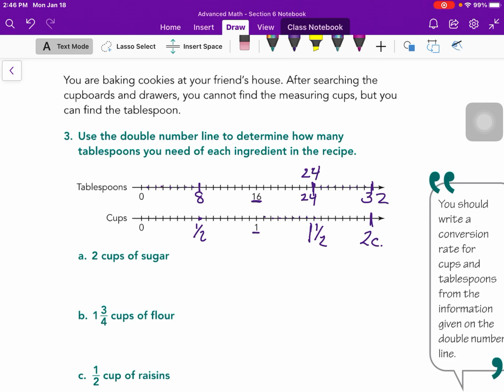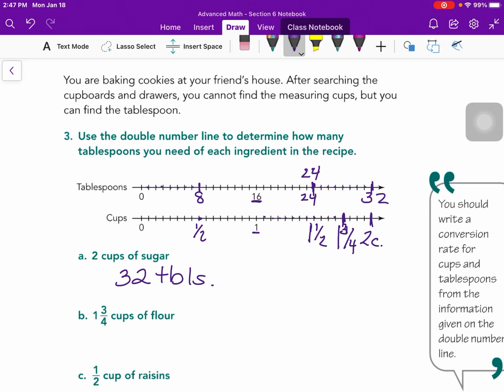2 cups of sugar. If you've got 2 cups of sugar that you need, how many tablespoons is that going to be? Well, that's going to be 32 tablespoons of sugar. How about 1 3/4? Well, here's 1.5, here's 2. Let's go 1, 2, 3, 4 more. That's about 1 3/4.